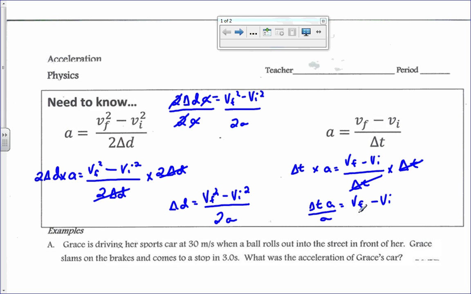Whatever I do to one side, I have to do to the other. I'm going to divide out a over here. Cancel a, and we've done it. Delta t is given by final velocity minus initial velocity over acceleration. And I was about to put a box by it.